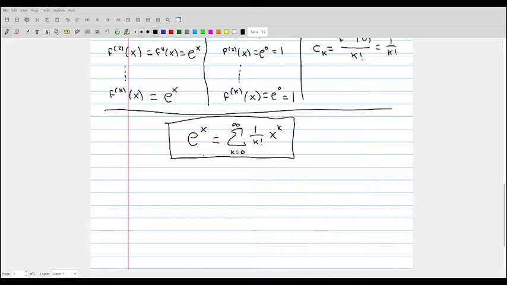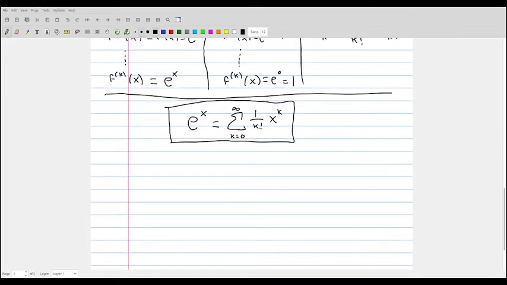So this is a very, very powerful tool. We've seen that this formula can be directly applied, and we have to be very careful as well, because we want to make sure that we're within the radius of convergence. What's nice is that we have our direct formula for determining the radius of convergence, which is the limit as k goes to infinity of the absolute value of ck over ck plus 1.